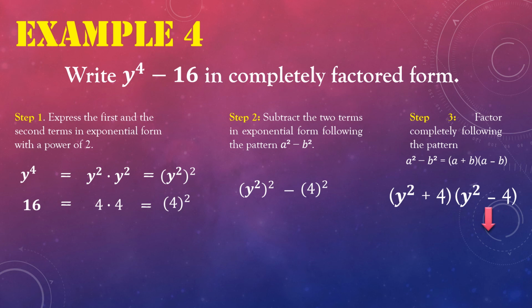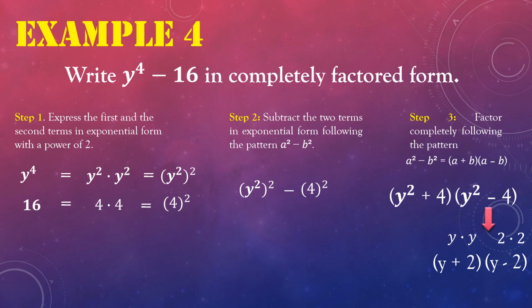So let's check what are their factors. So y times y and 2 times 2. So we can rewrite the factors of y squared minus 4 as y plus 2 times y minus 2.